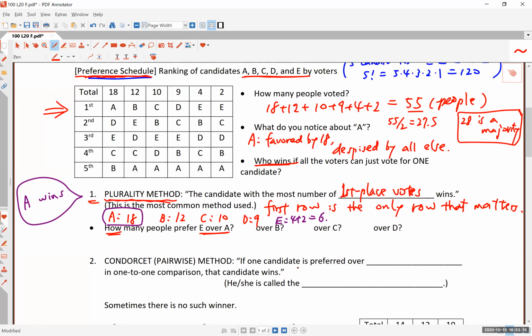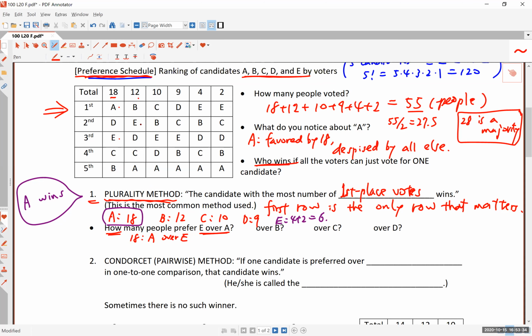So when you are to answer this question, how many people prefer E over A? You look at this column here. Well, these 18 people clearly prefer A over E, right? So 18 prefer A over E. How about E over A?